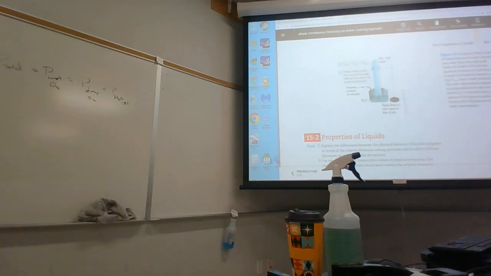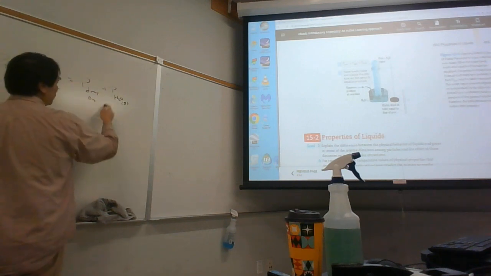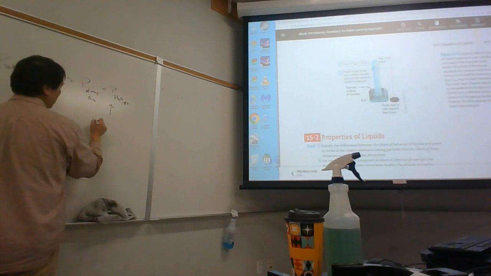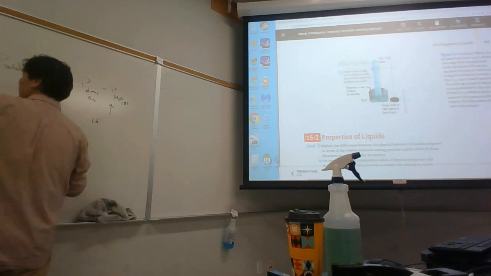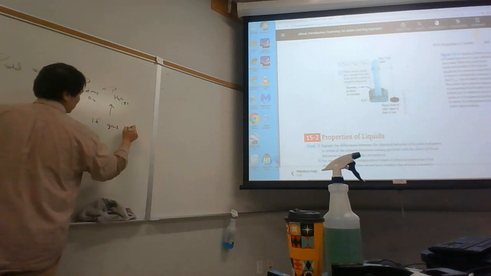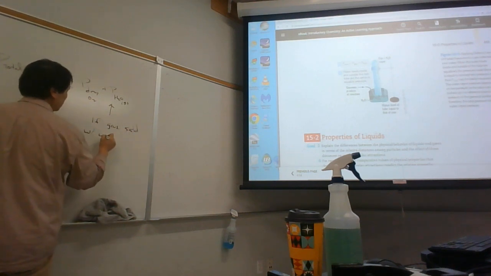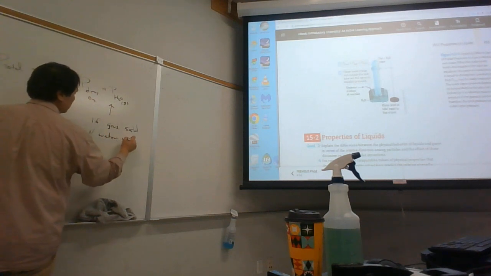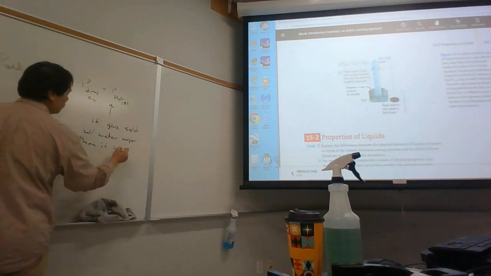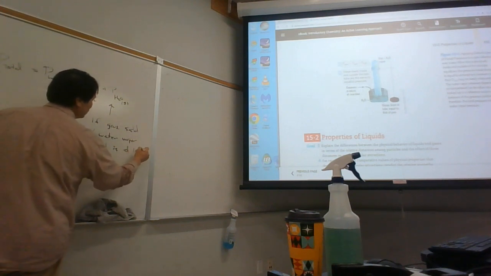Okay, it turns out that we can figure out the pressure of the water vapor. If the gas is saturated with water vapor, then it is at 100% relative humidity.